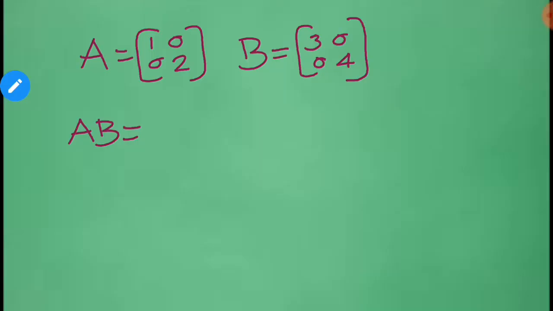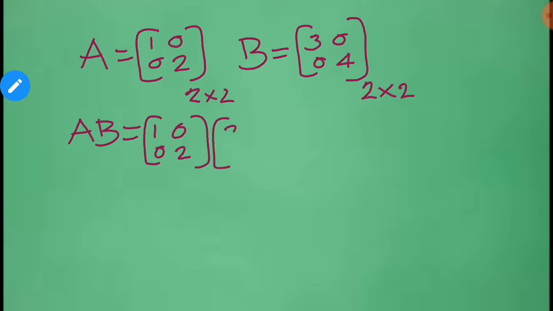That is, A equal to matrix 1 0 0 2, it is a 2 by 2 matrix, and B equal to matrix 3 0 0 4. It is also a 2 by 2 matrix, a square matrix of order 2. Now we can find AB. AB equal to matrix 1 0 0 2 into matrix 3 0 0 4.